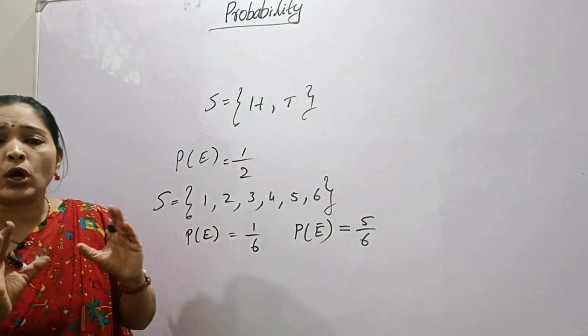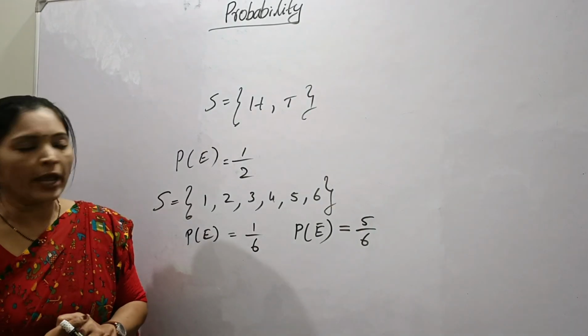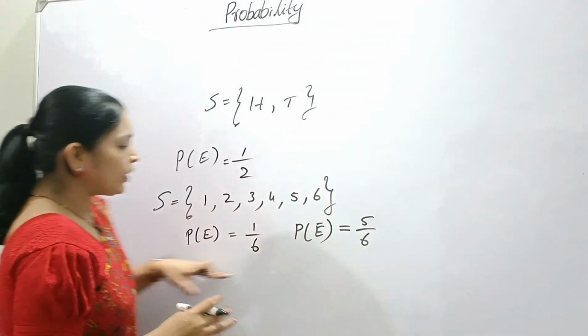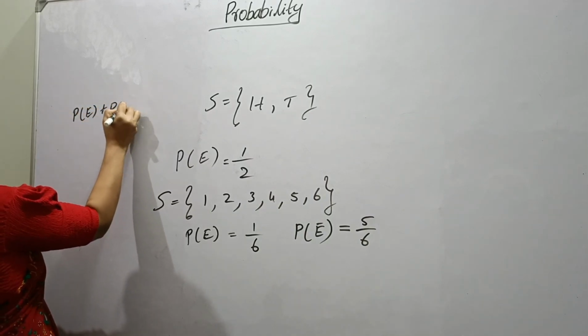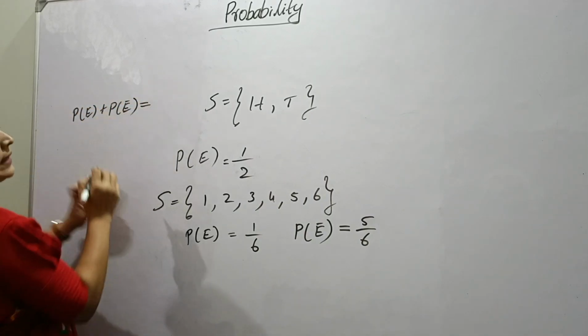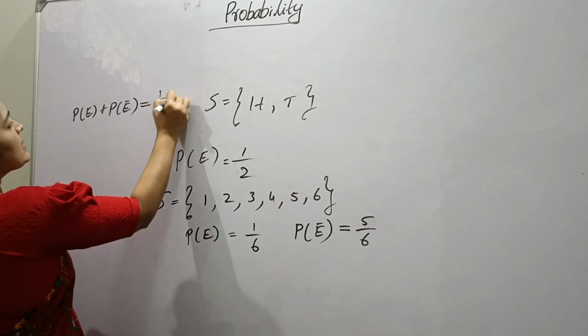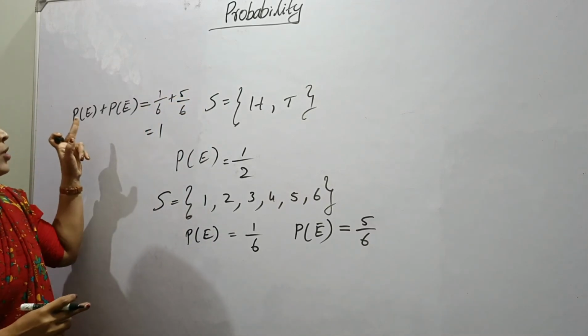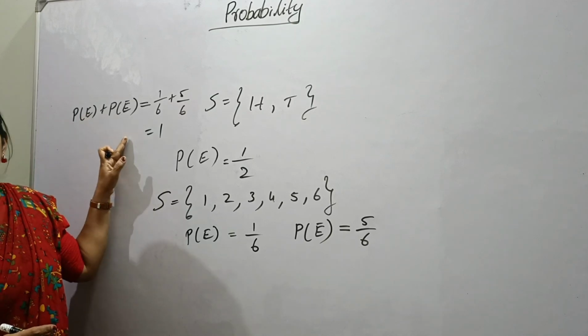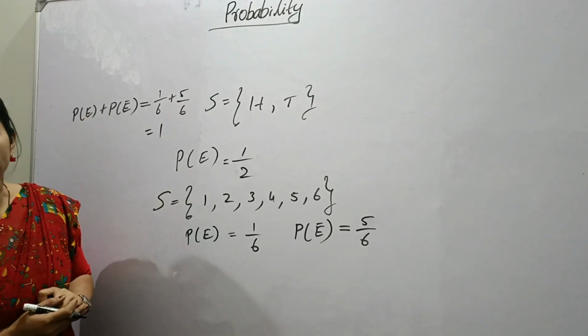Such an event is called a complementary event. And here we notice that probability of E plus probability of E complement is equal to 1 by 6 plus 5 by 6, that is equal to 1. Probability of E plus probability of E complement is equal to 1.